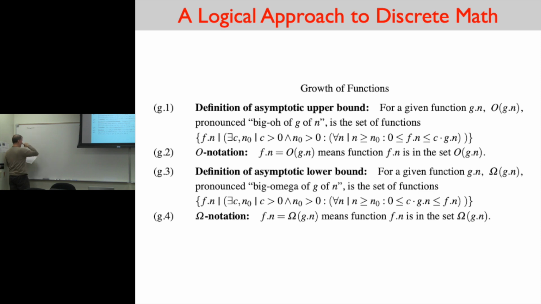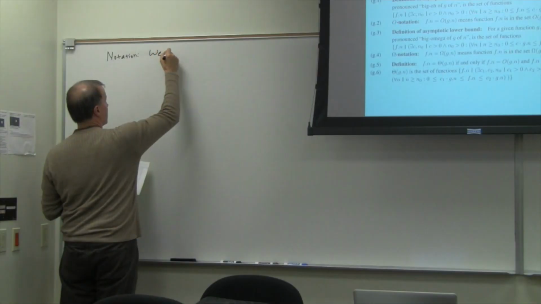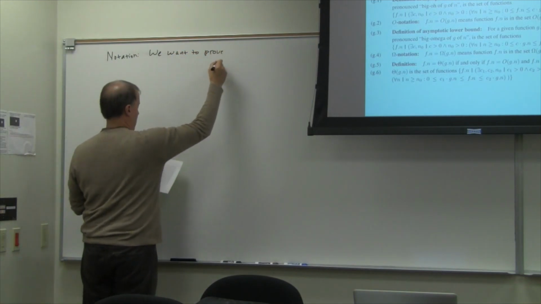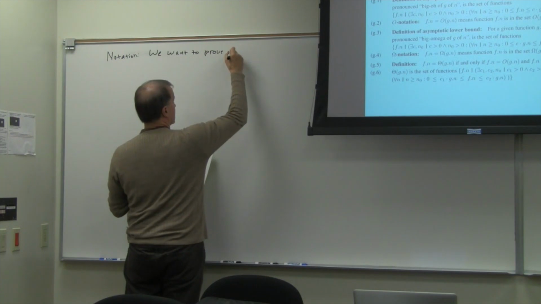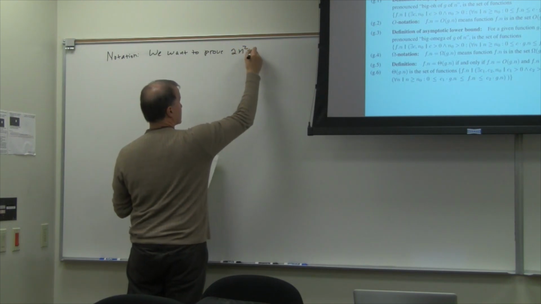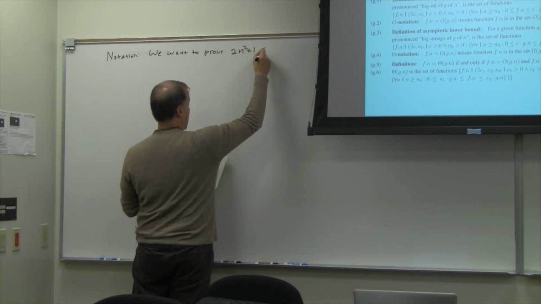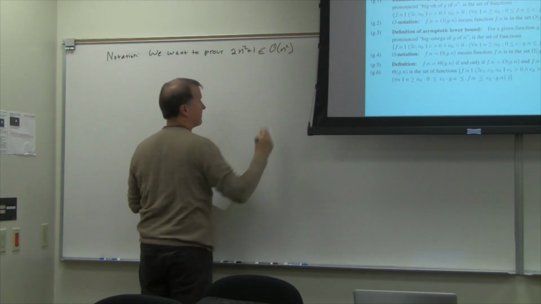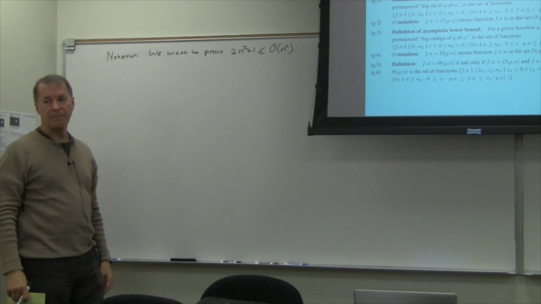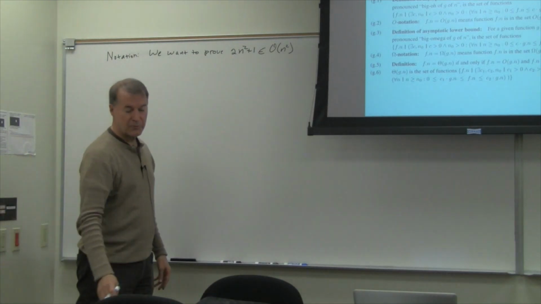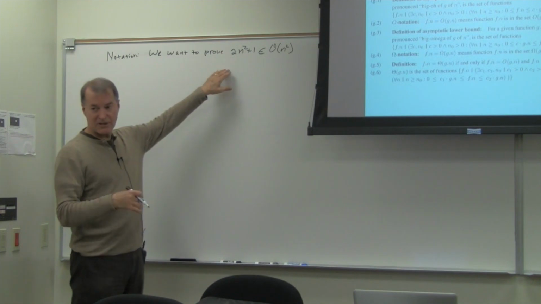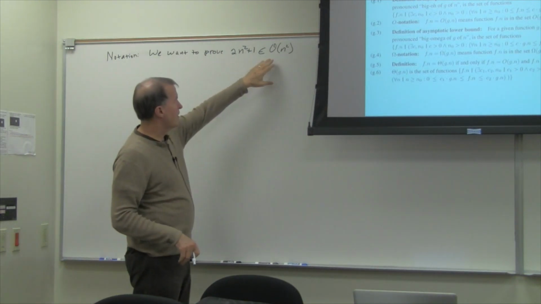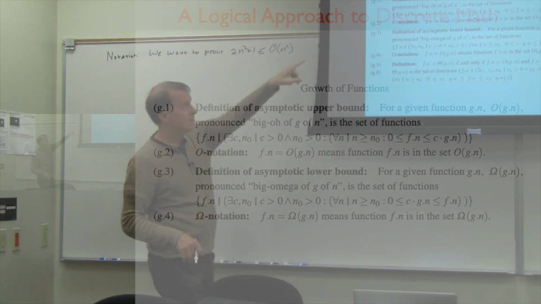We want to prove 2n squared plus 1 is an element of big O of n squared. In a minute, we're going to prove this. But you notice how I wrote this. What is this big O?